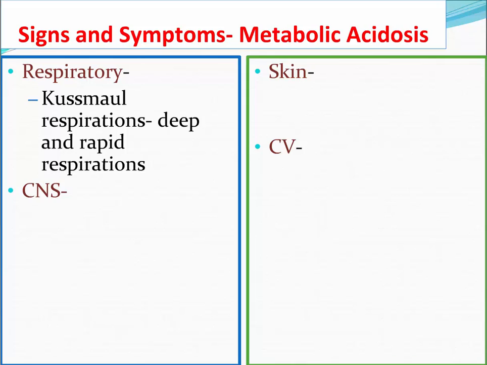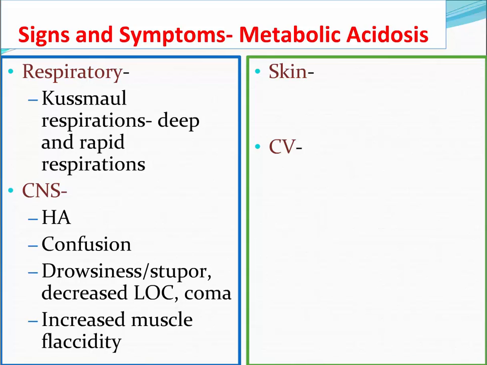So as a client's pH is going down and their hydrogen ion concentration is increasing, their respirations will become rapid and deep. And this is not under voluntary control. As far as the central nervous system goes, the client may experience a headache, and there could be a variety of level of consciousness changes from confusion to drowsiness, stupor, even coma.